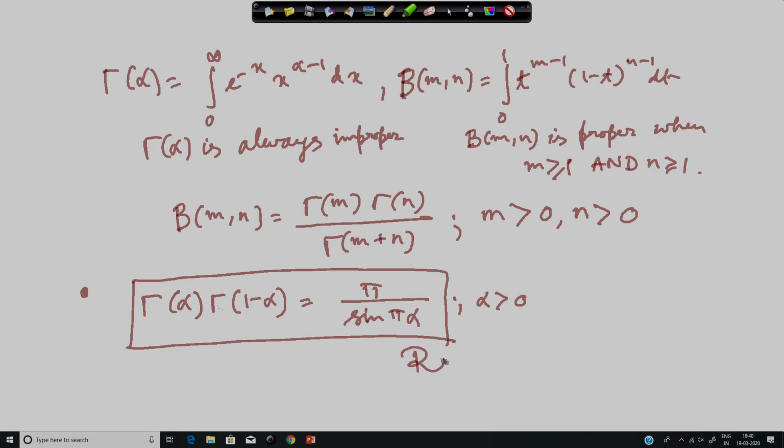Remember, our next problem is going to be based on this property.